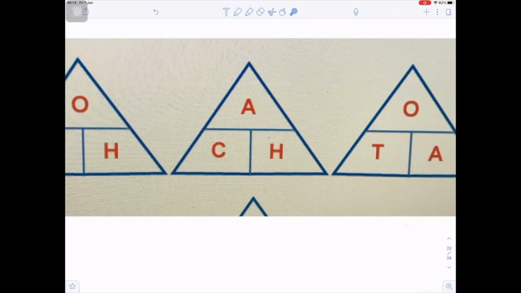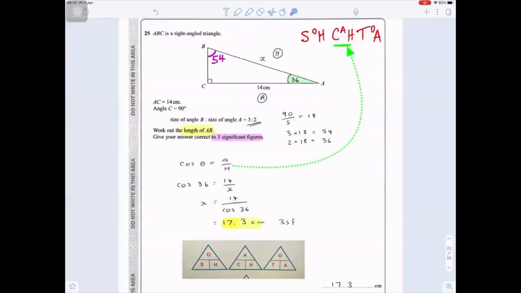We want to find the hypotenuse, so we cover it. So it's the adjacent divided by the cosine of the angle. And you get 17.3 as your answer to 3 significant figures.